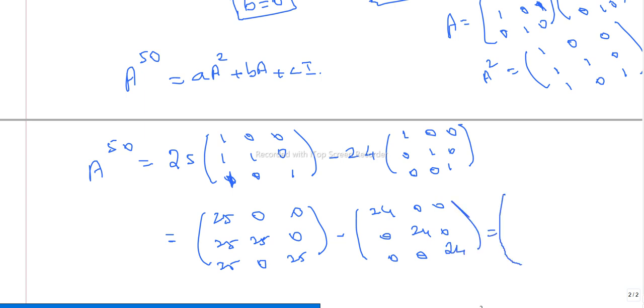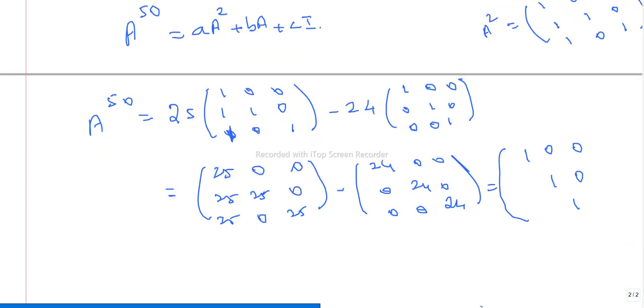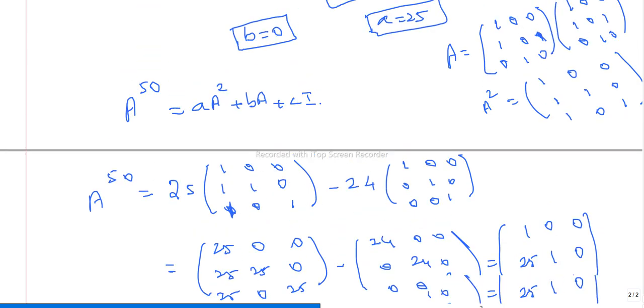The diagonal entries should be 1 1 1 because 25 minus 24 is 1, and above the diagonals are 0 always. Now 25 minus 0, this entry is 25. Again 25 minus 0, this entry is 25, and 0 minus 0 is 0. Okay, so got it. Therefore the first column should be 1 25 25. That is the answer.